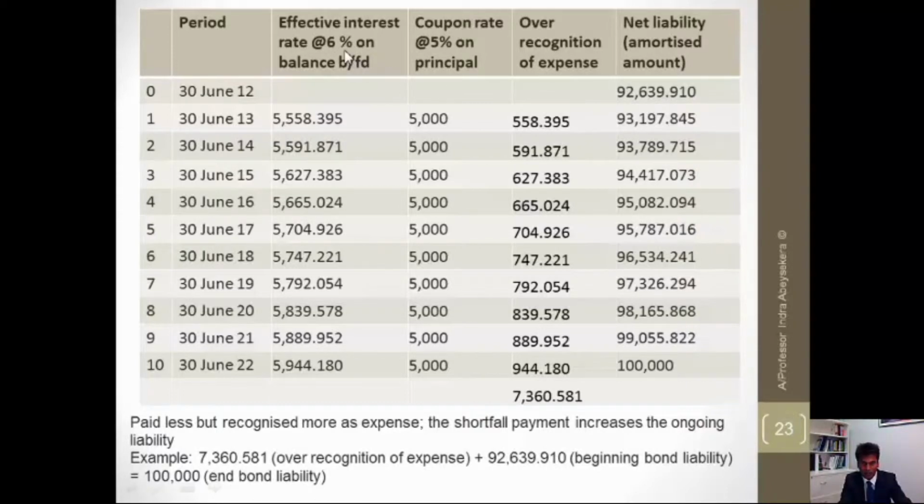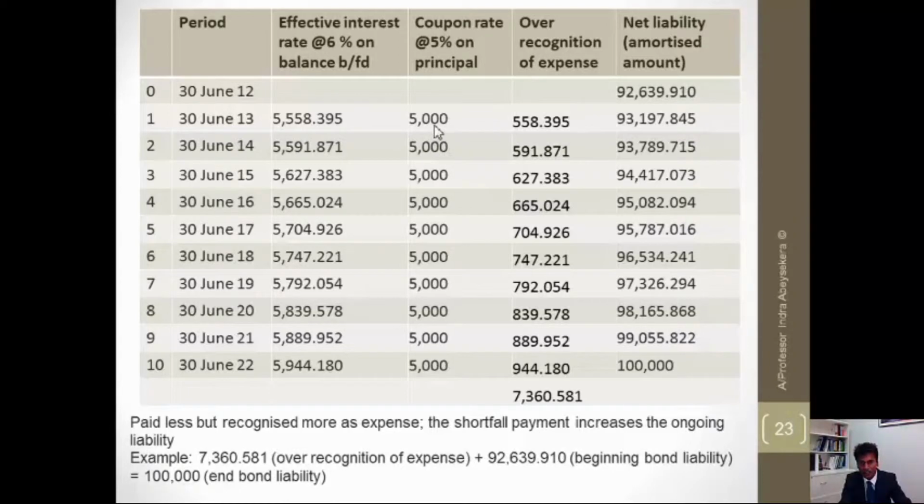Market interest rate is 6% and the interest expense will be 5,558.395. But the cash payment of interest is 5,000, based on the settlement value, which is 100,000 at 5%, 5,000.